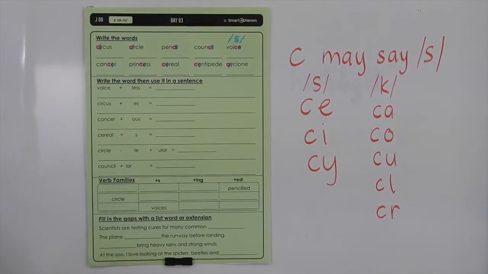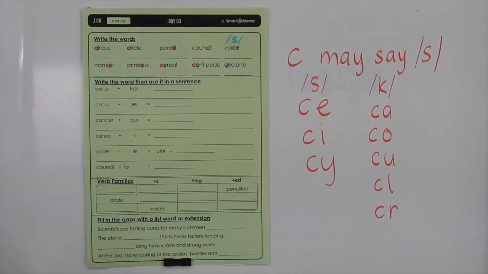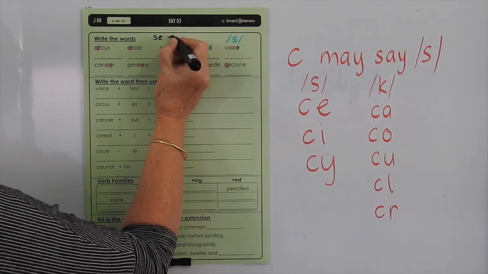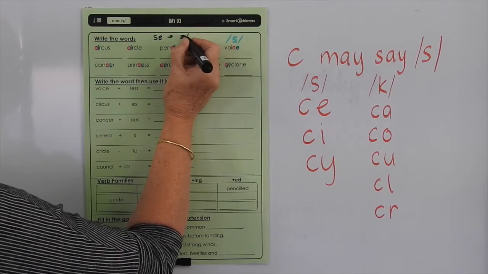You'll see it quite frequently at the end of a word where they use the CE. That's because when we use SE at the end of a word, quite often it will say the Z sound.